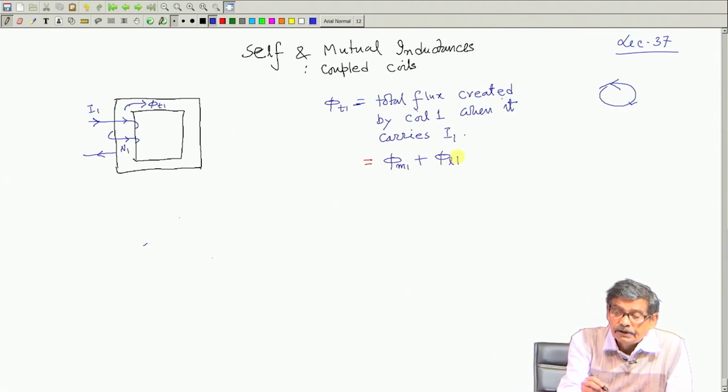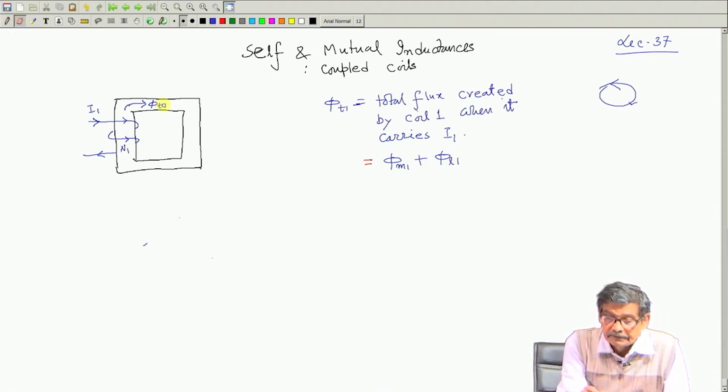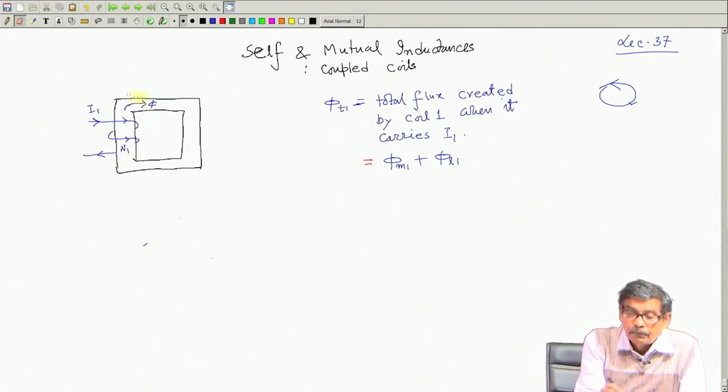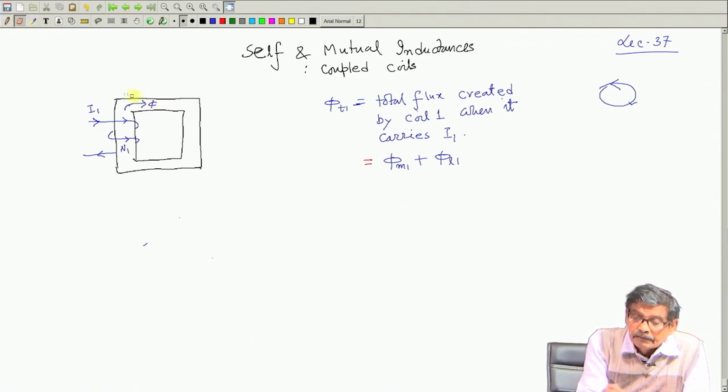So, phi T1 is the total flux created, and it will have two parts. One is called phi m1, the mutual flux, which flows through the core corresponding to coil 1.